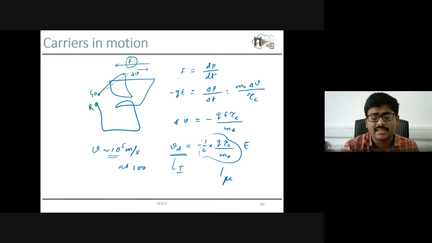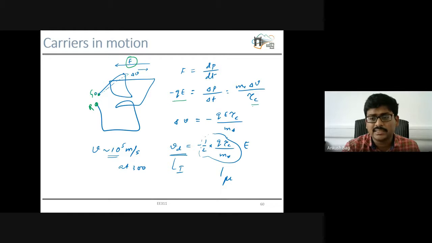Now if we want to calculate that directed velocity, or the directed component of the carrier's motion, the force F we are applying from the electric field is Q times E. This is essentially Newton's second law, delta P by delta T, and again here we have the effective mass and the velocity variation, divided by tau c.